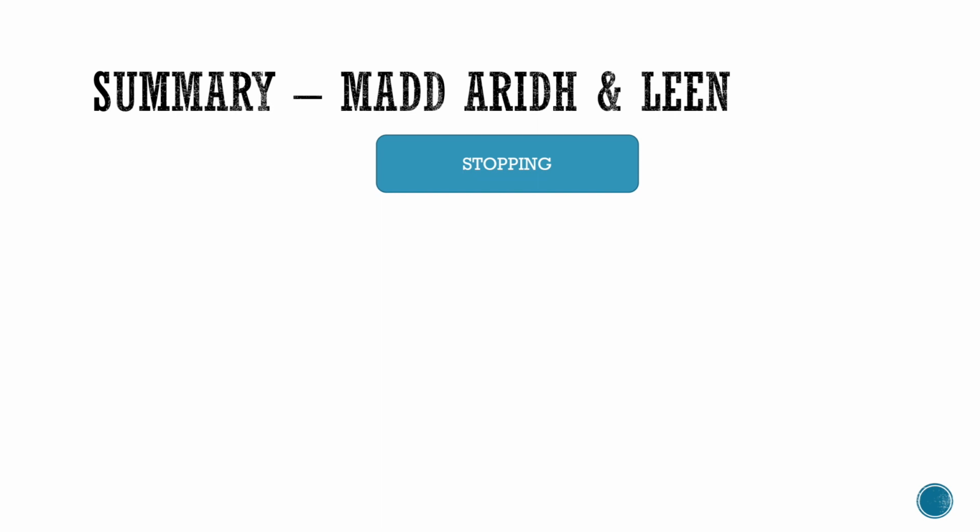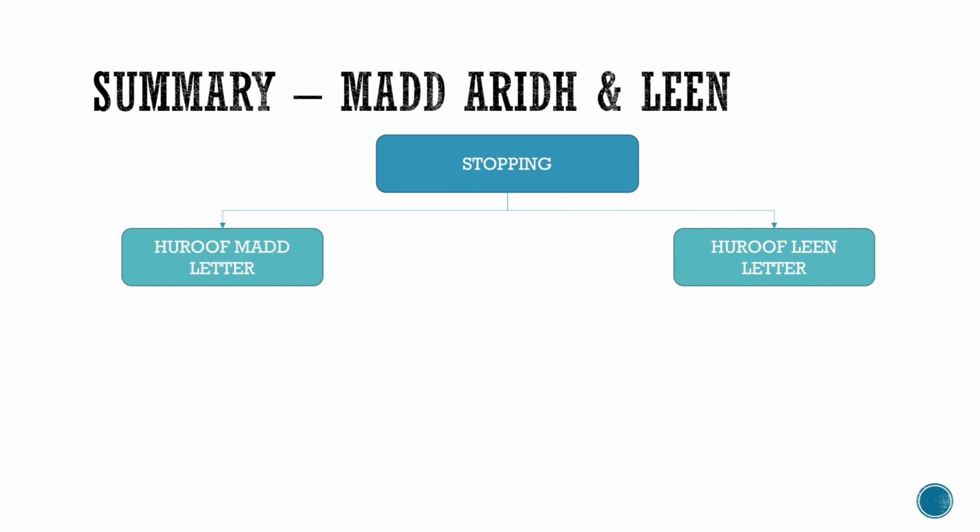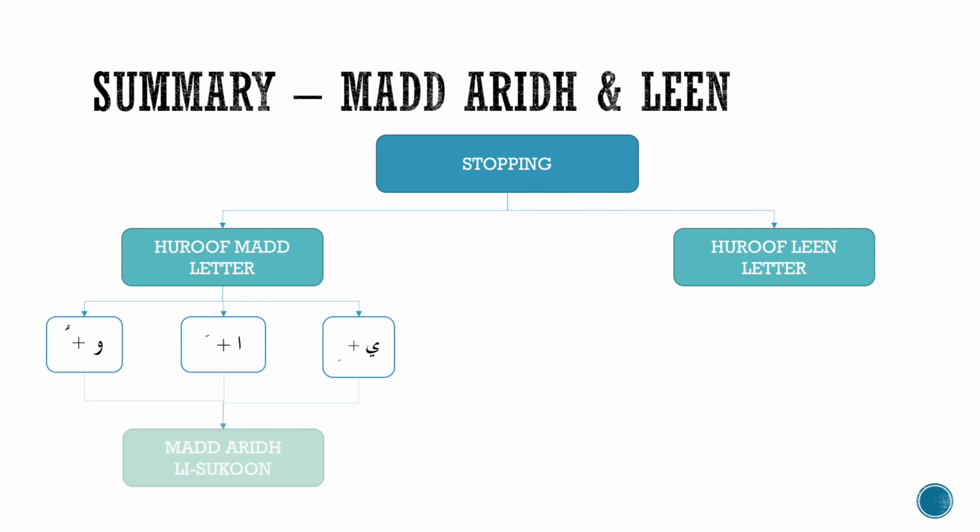To summarize between mad arid and mad leen, when we are stopping, we have to look whether it's huruf mad letters we are stopping at or huruf leen letters we are stopping at. The huruf mad letters are waw preceded by a dhamma, alif preceded by a fatha, and ya preceded by a kasra.